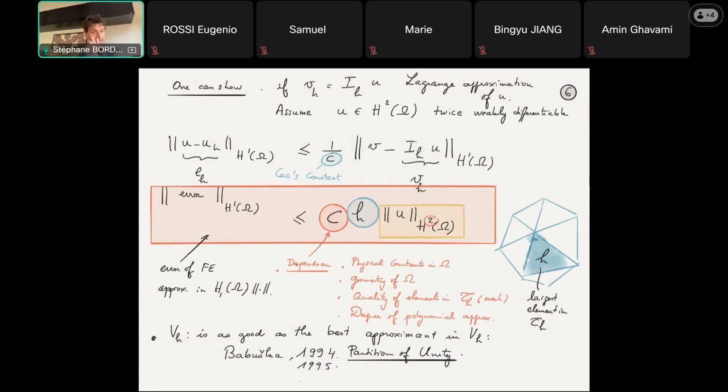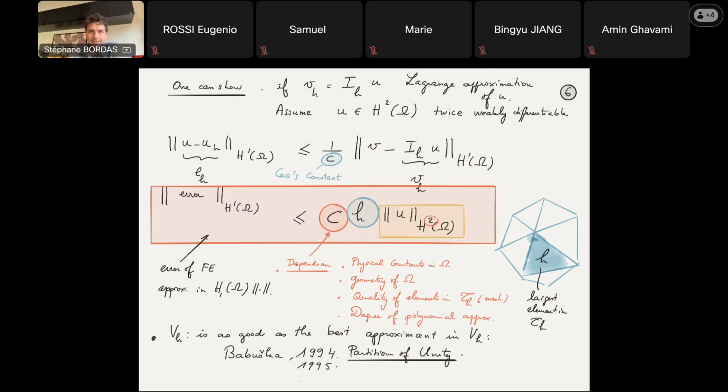All right, so I'll start by telling you once again, because we looked at it in detail at the beginning of the course, what is Céa's lemma. So the idea is that if you try to capture a solution, the solution lies in a certain space.